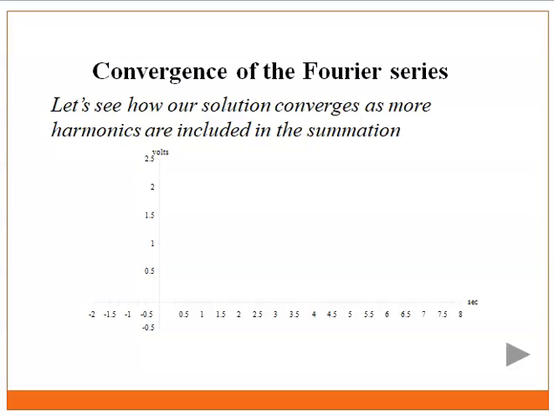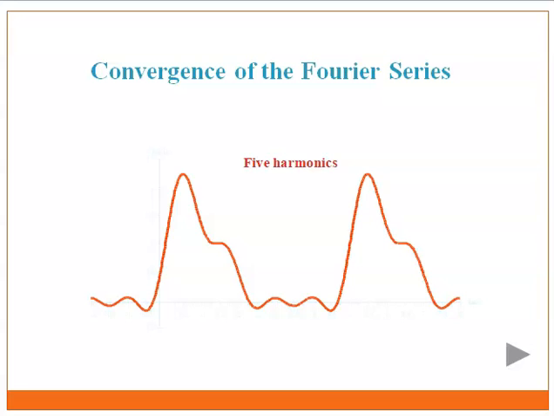Let us see how the convergence of the Fourier series happens as the harmonics increase. Here is the Fourier series with 5 harmonics. What happens if you increase the number of harmonics? It will become smoother.